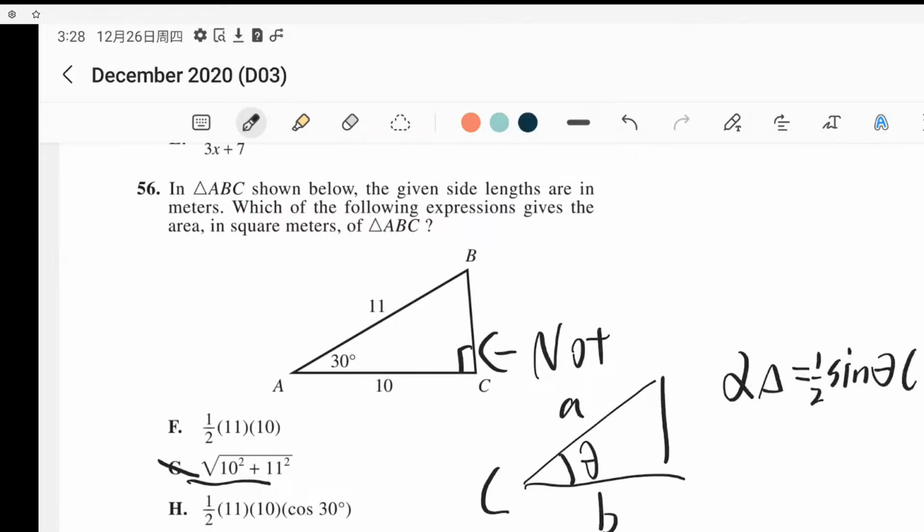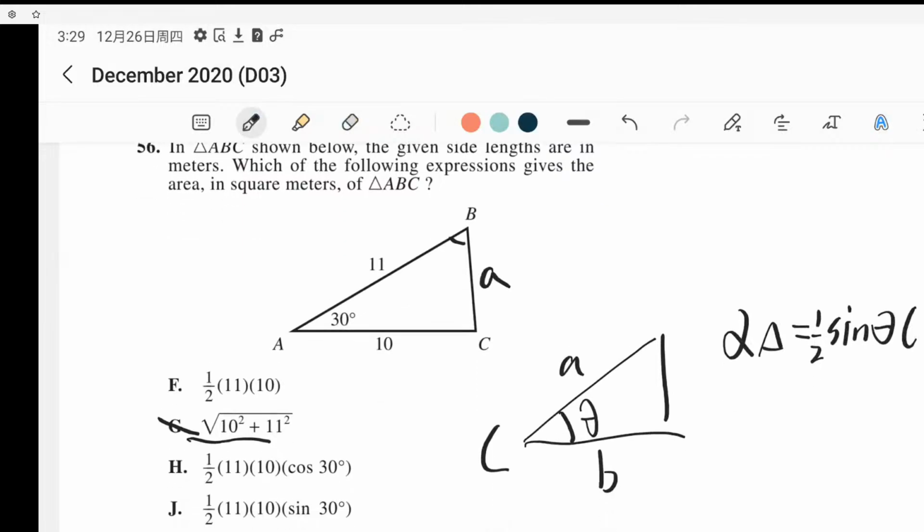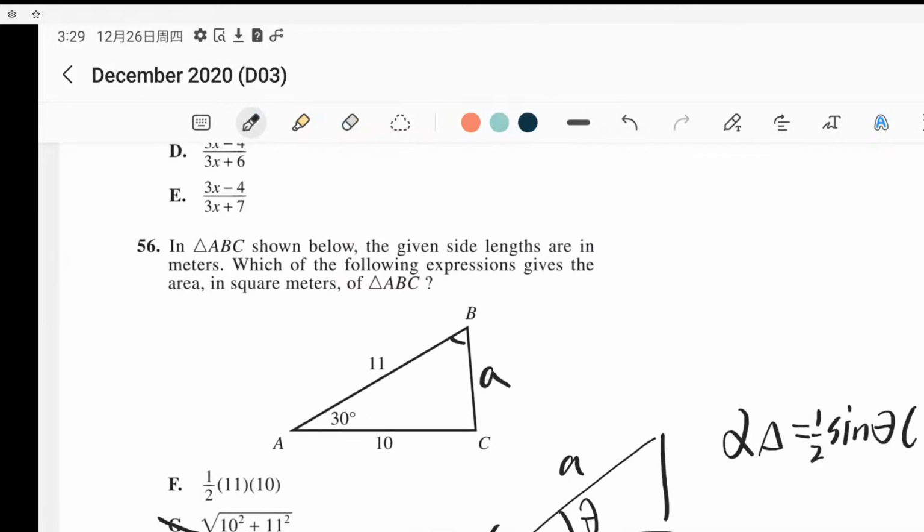Or we could use another way to solve this problem. If we consider law of sines and we solve for angle B and then solve for angle C, or we do not even need to solve for angle C, we could use law of sines to solve for angle B, and by that solve for A over here and use Heron's theorem to solve this problem.